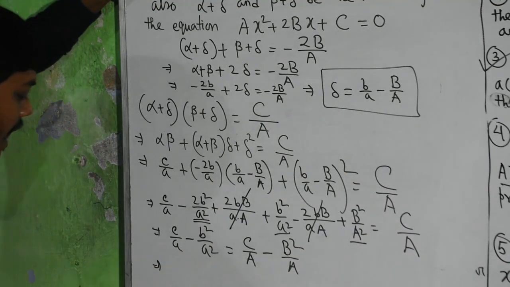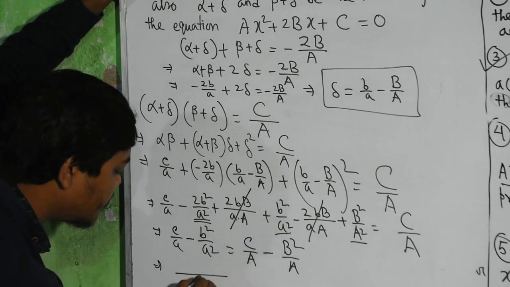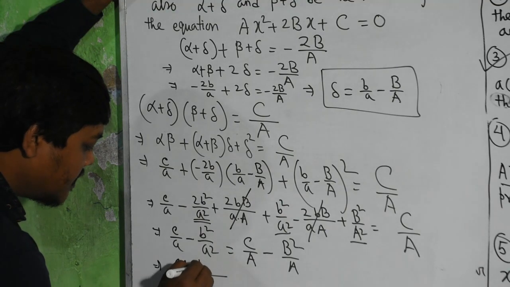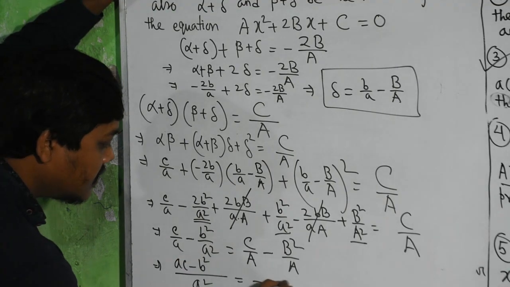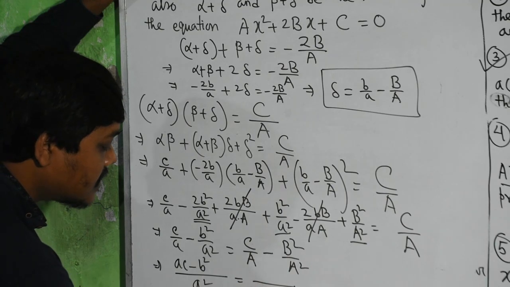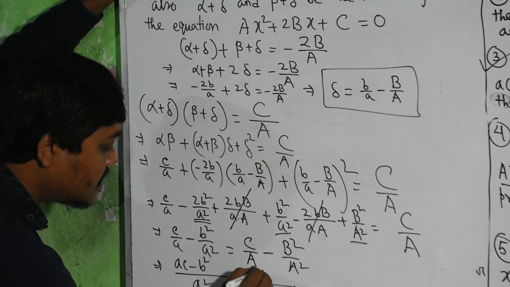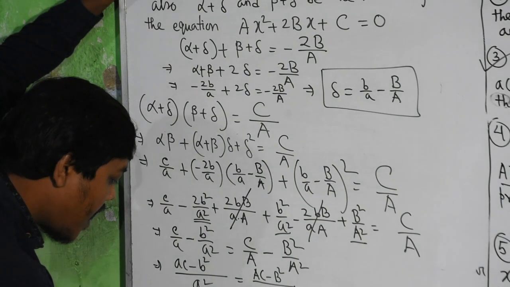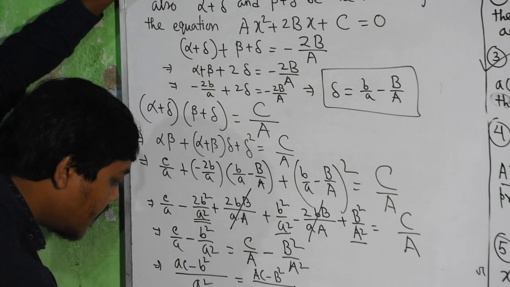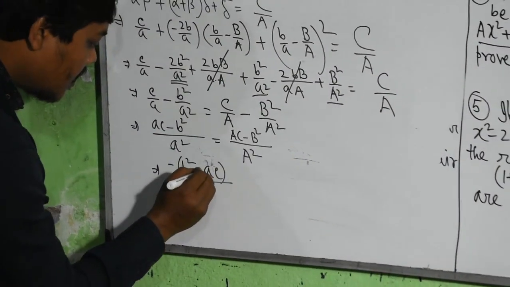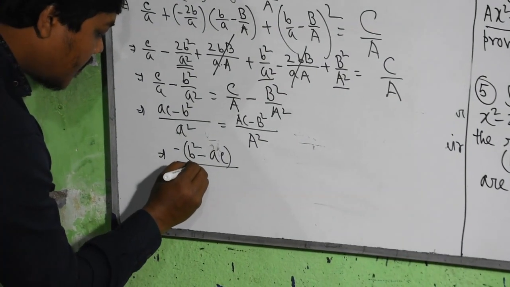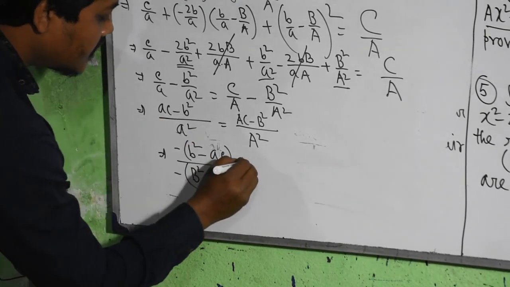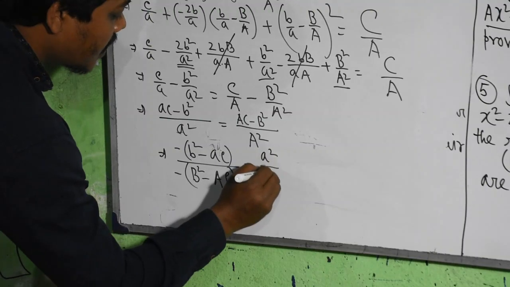Okay. So after some calculation, a square, small a square, is the LCM. So we will get ac minus b square, and capital A square is the LCM, so capital AC minus B square. So b square minus ac, I have taken the negative as the common part, by capital B square minus capital AC, also taking the negative sign, small a square by capital A square.